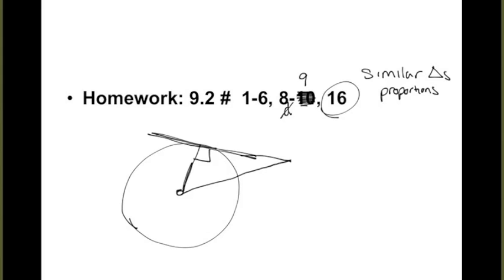So if I end up with a picture like this, I have a special kind of triangle, a right triangle. So maybe I could use the Pythagorean theorem if I need to find a missing piece. Or maybe it's a special right triangle like a 30-60-90 or a 45-45-90. So remember that our tangent is perpendicular to the radius, and so if we connect that, we end up with a special triangle that is a right triangle. Maybe 30-60-90, maybe 45-45-90, but you could at least use the Pythagorean theorem to find a missing piece there.